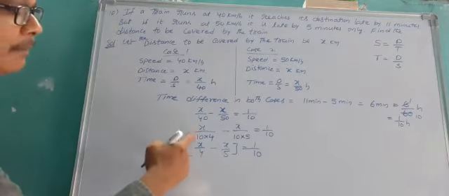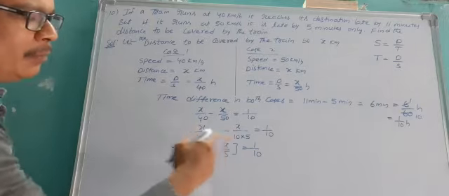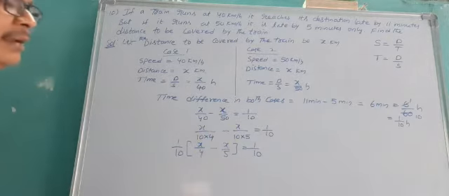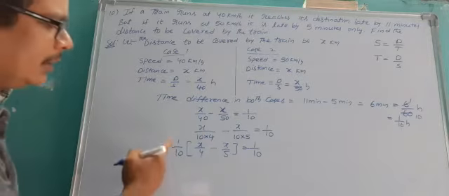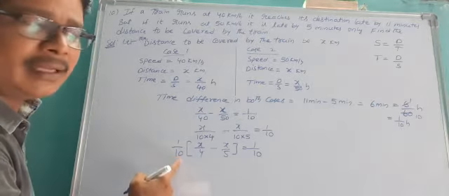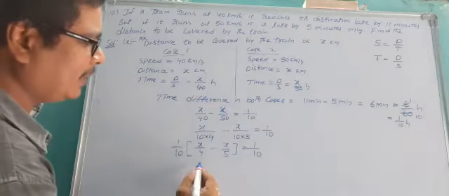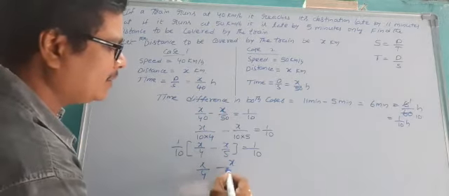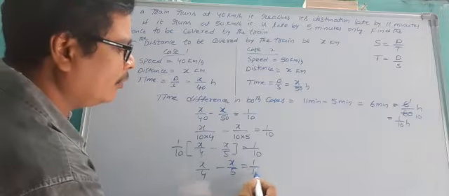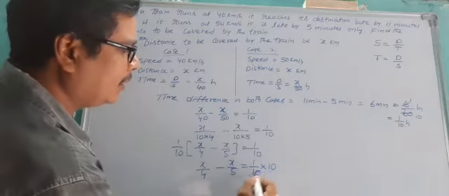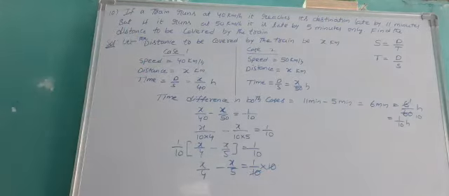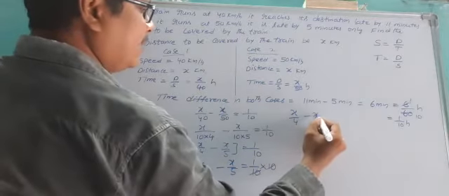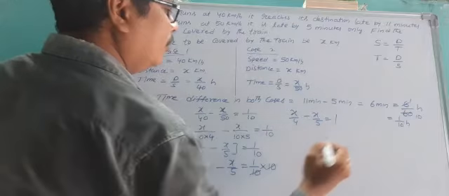Here 10 is a divisor, on transposition it becomes multiplication. So x by 4 minus x by 5 equal to 1 by 10 into 10. 10, 10 cancel, that equals 1.